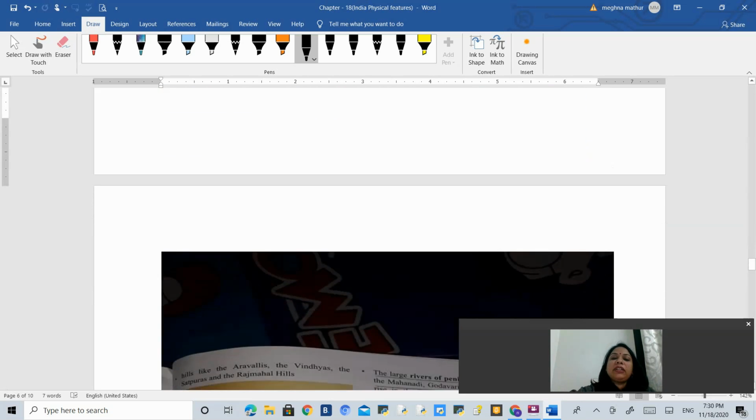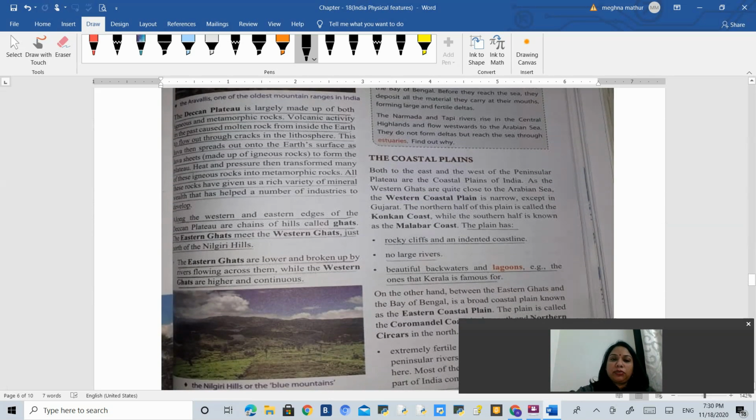After the Central Highland, we have the Deccan Plateau. The Deccan Plateau was formed due to volcanic activities in the past. Millions of years ago, there was a fissure eruption. A fissure eruption is when the land breaks down and the lava comes out.